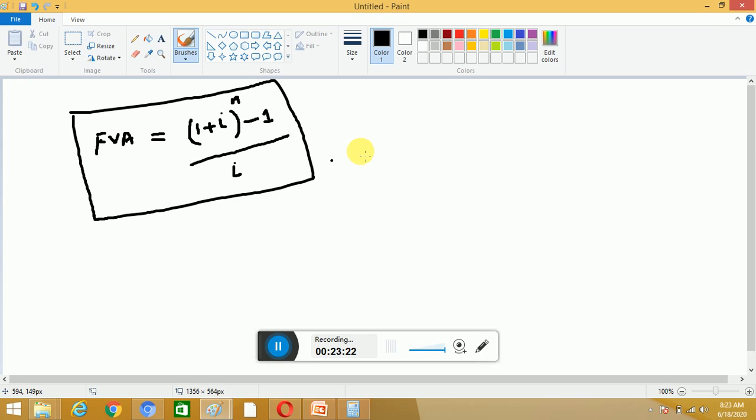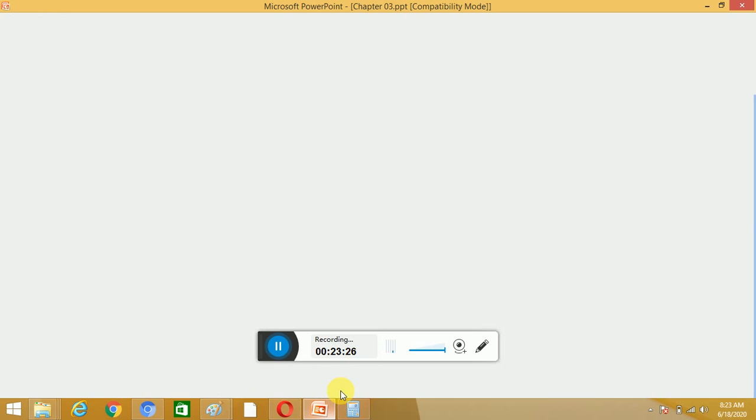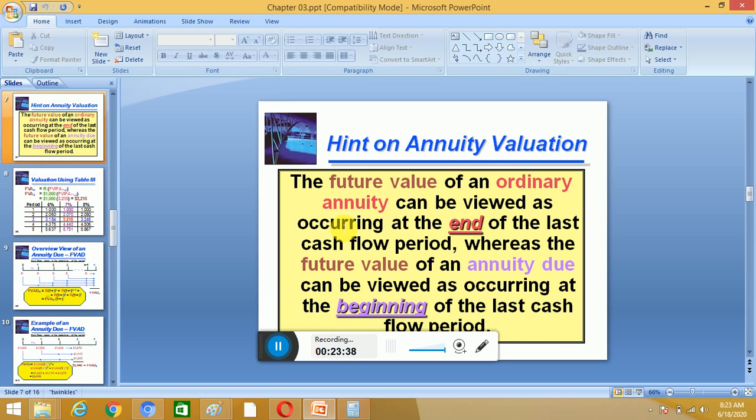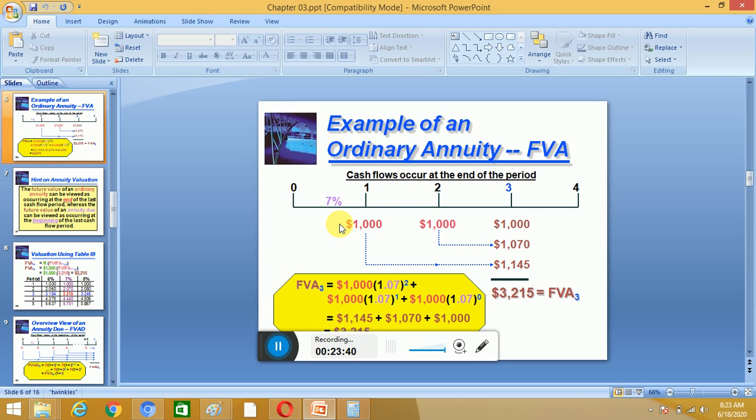So I discussed that formula because if you see the slides, this is the annuity due. See, 1000, he calculates the future value, then 1000, he calculates the future value.